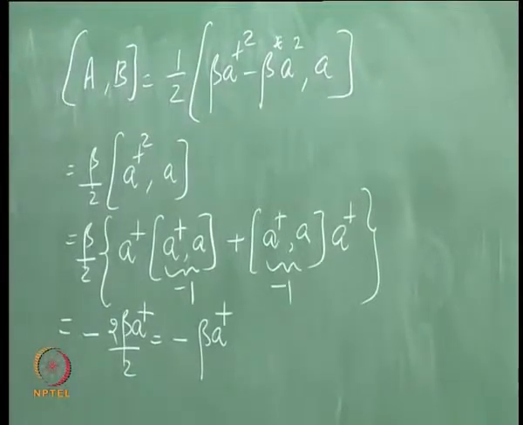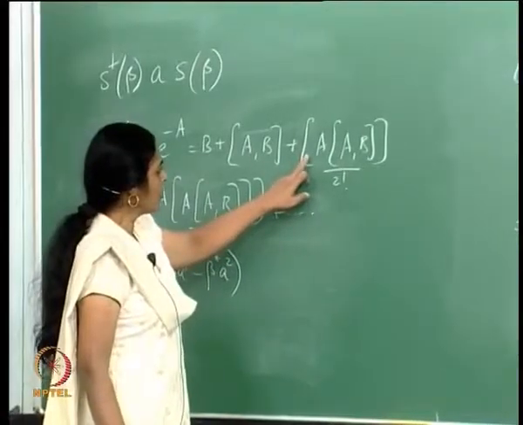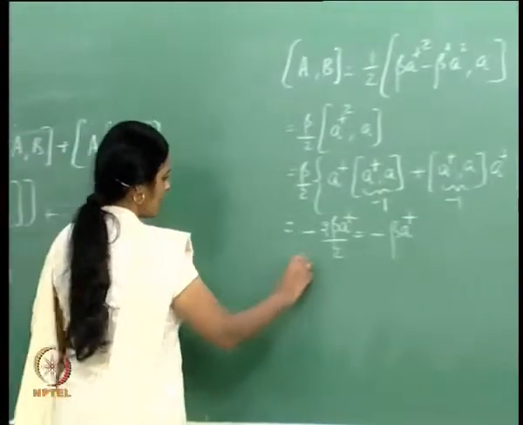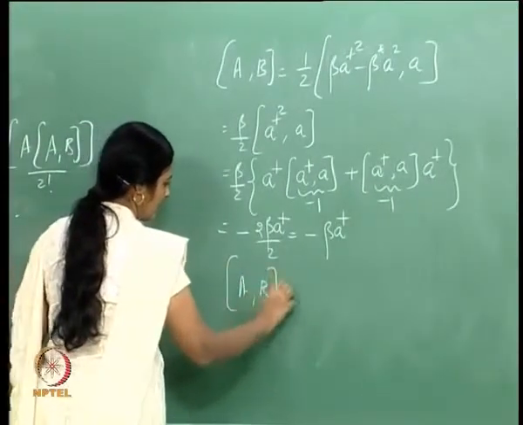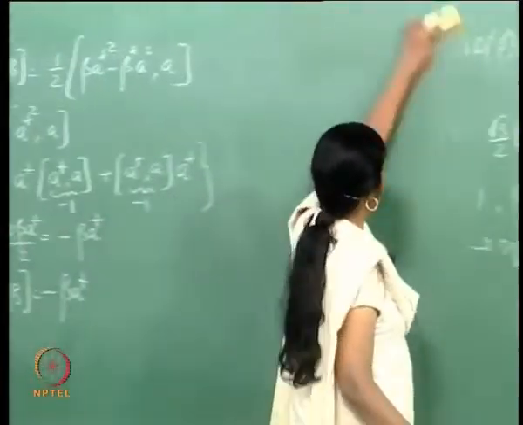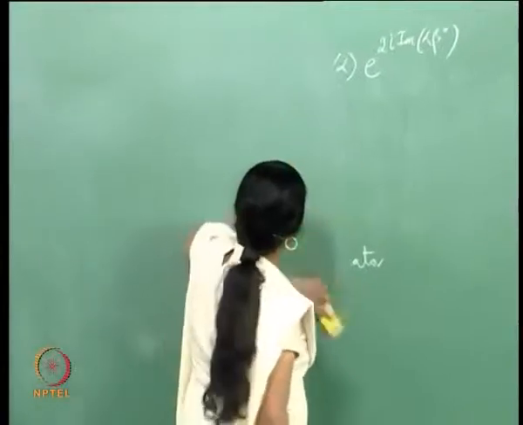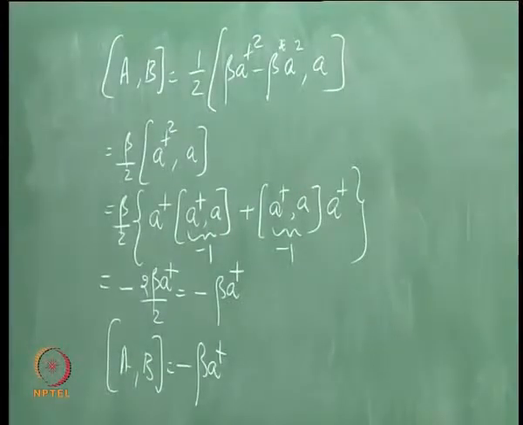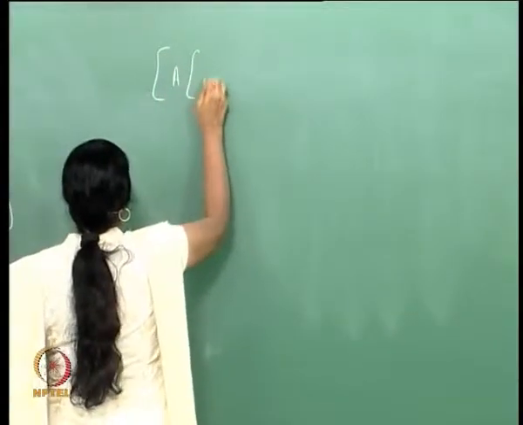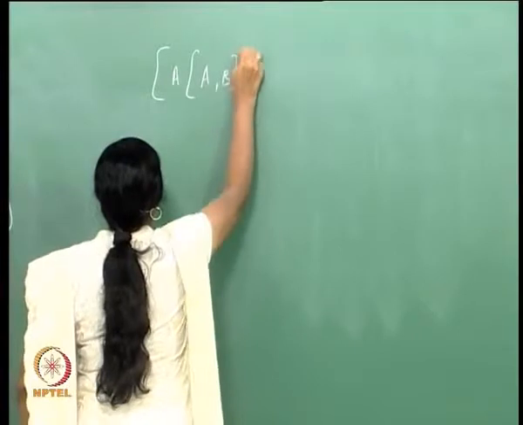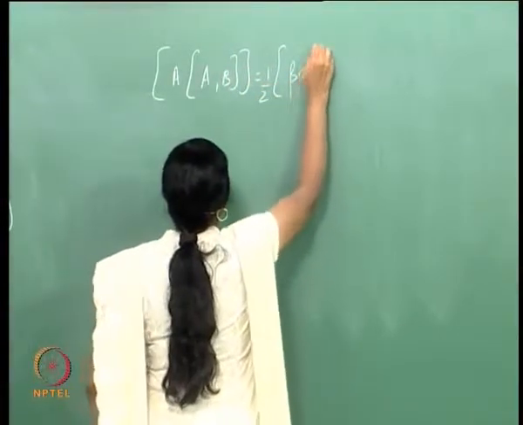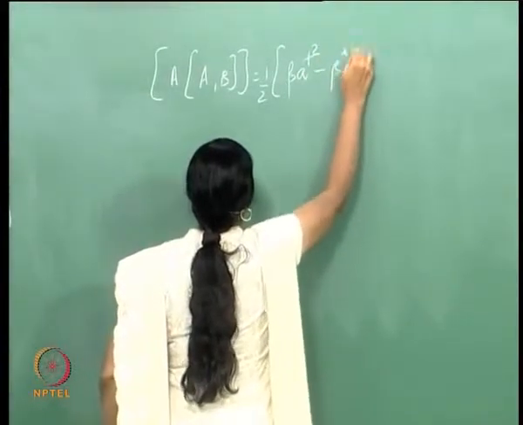Now, I need to find the next term, which is the commutator of A with B by 2 factorial. Let us work out that commutator now. Commutator of A with A with B is a half beta A dagger squared minus beta star A squared.